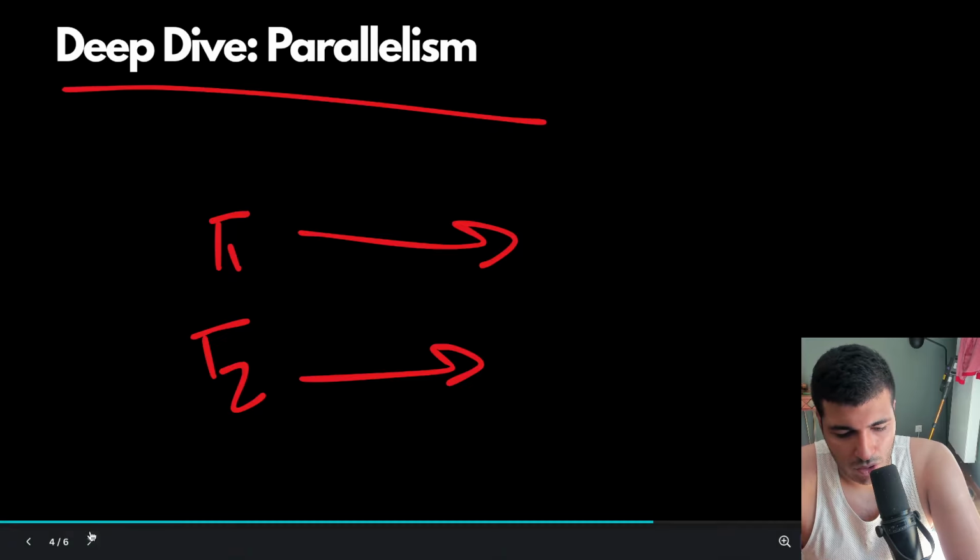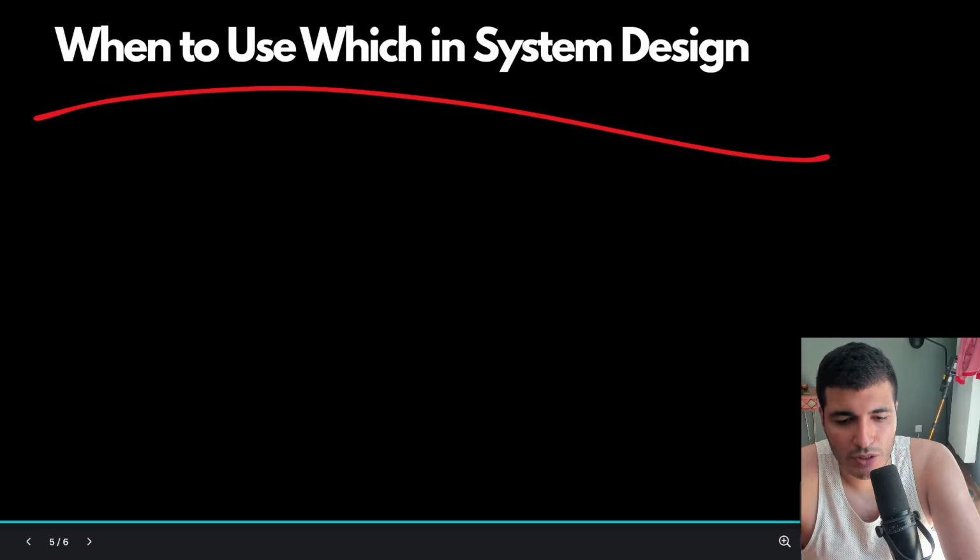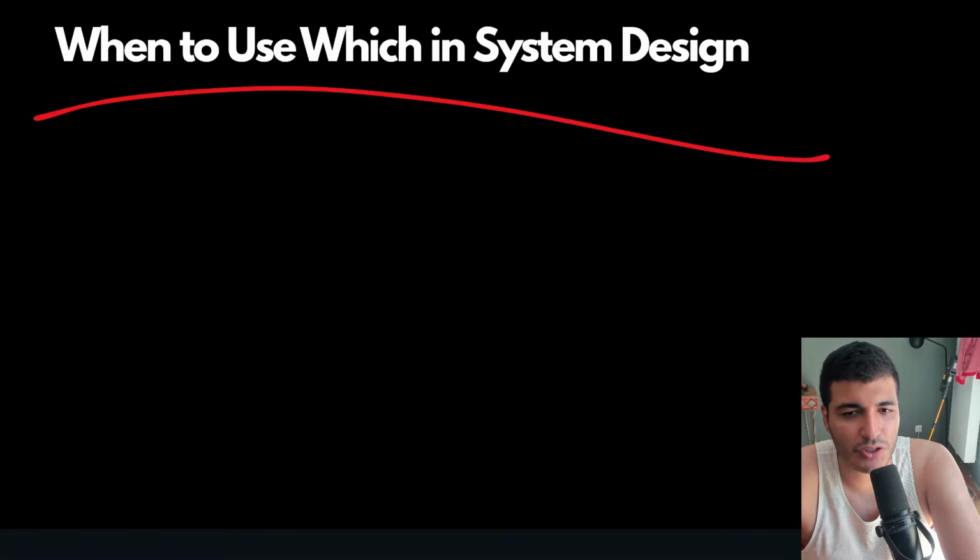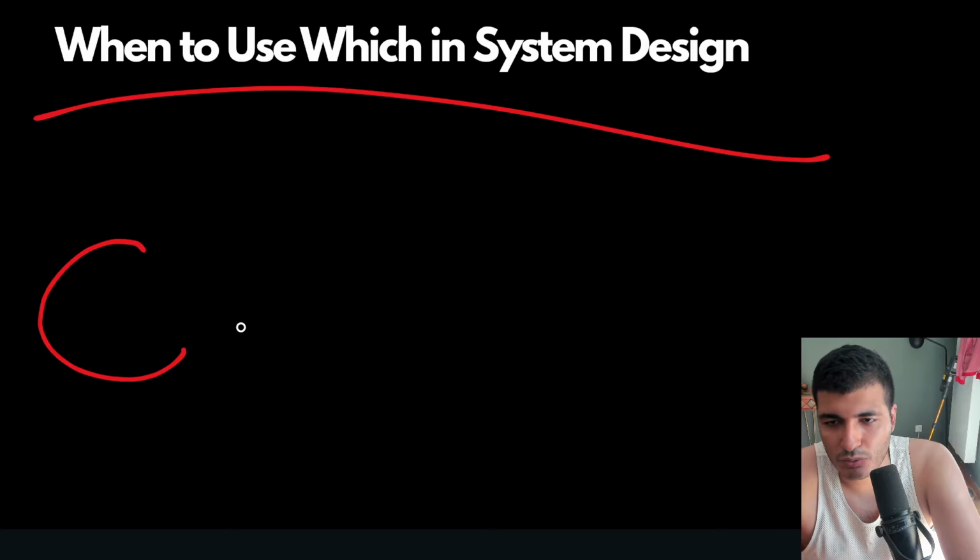Okay, so when to use which in system design? I would say you use concurrency when your tasks are largely I/O bound, like waiting for network, disk, or external services. You use it also when you want to improve system responsiveness and throughput without necessarily needing more hardware, or if you're dealing with a single machine that needs to handle many simultaneous connections.